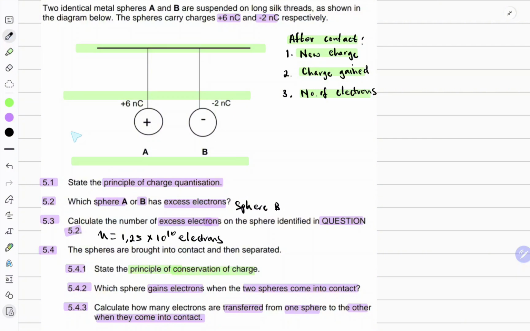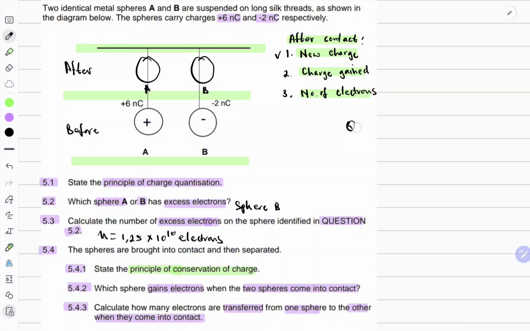So I'm just going to do a visual representation of what I mean. This is before they've made contact, and this is after they've made contact. So these balls A and B is after they've made contact. So once the balls have touched, you can calculate the charge on each sphere by using Coulomb's law. So let's do the first one. You can work out the new charge.